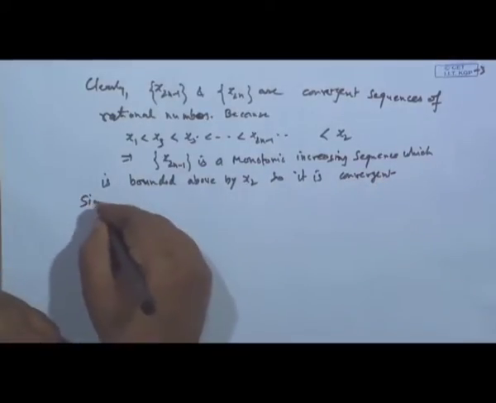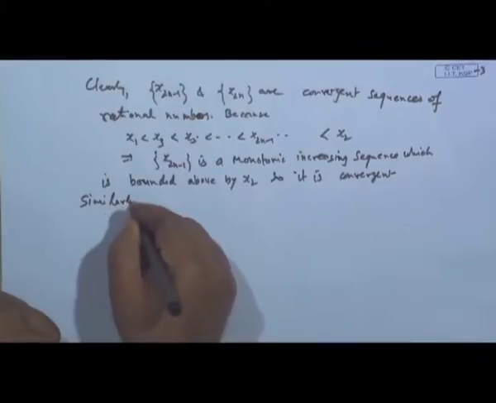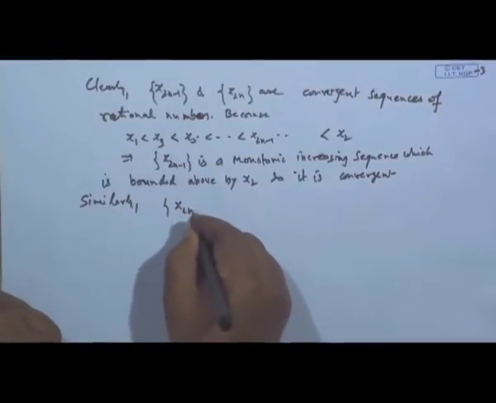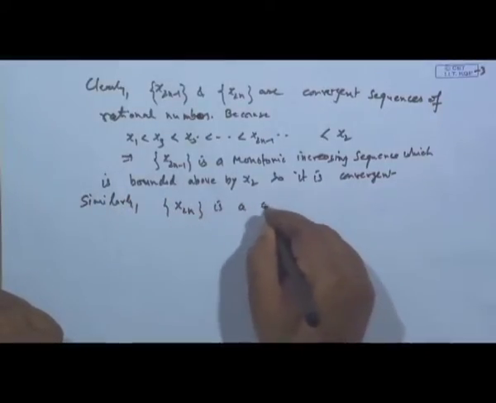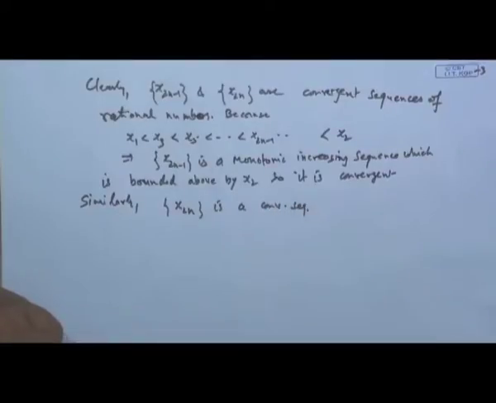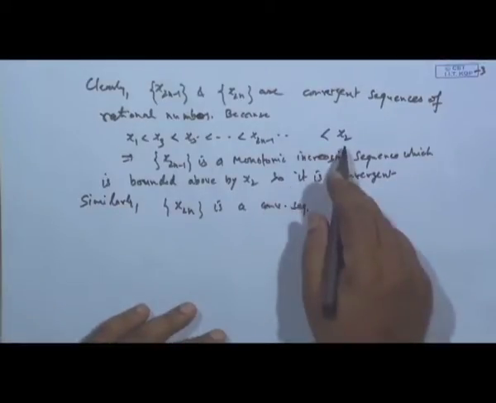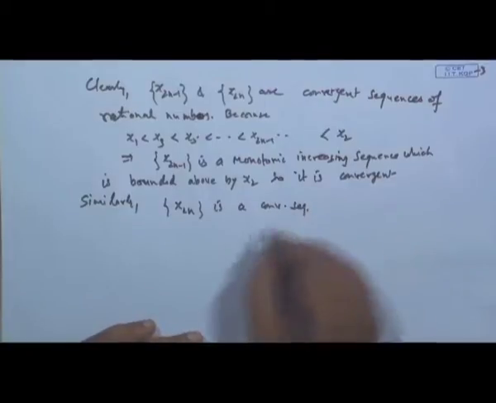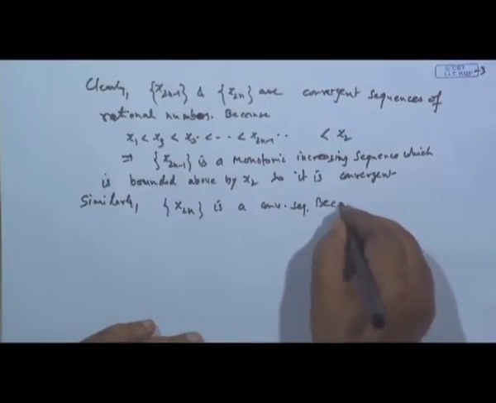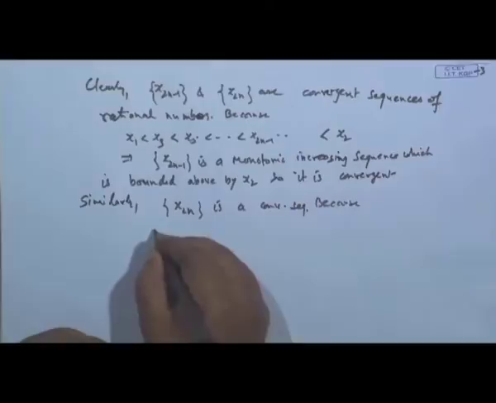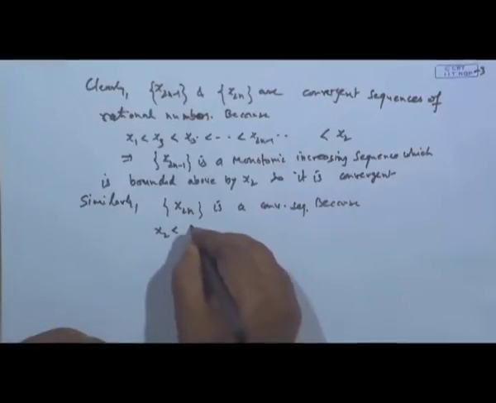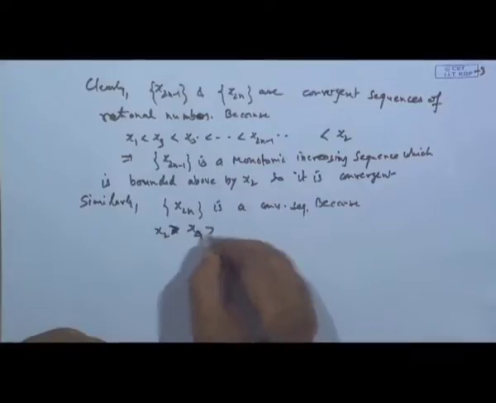Similarly, the sequence x 2 n is a convergent sequence, because x 2 n is also what? x 2 is greater than x 4, is greater than x 8, and so on.